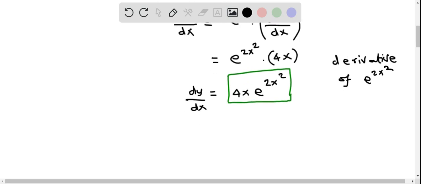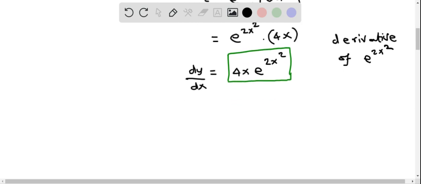Now we find the second derivative by differentiating this expression. So we differentiate both sides with respect to x. And on the left, we will have d2y by dx squared, and this equals, here we have to apply the product rule of differentiation, because basically we have two terms. We can consider this 4x as the first term, and e raised to the power of 2x squared as the second term.